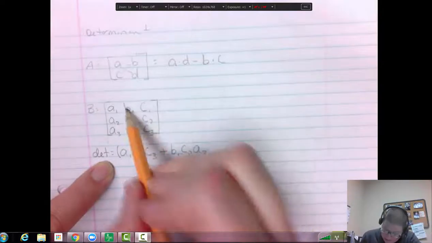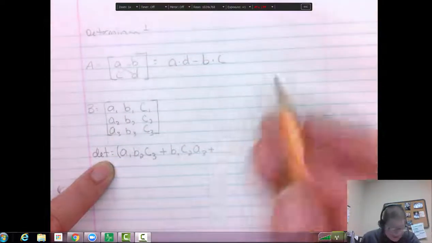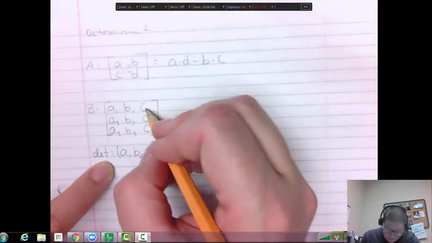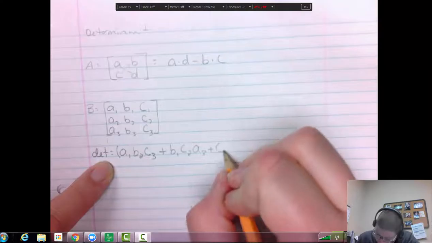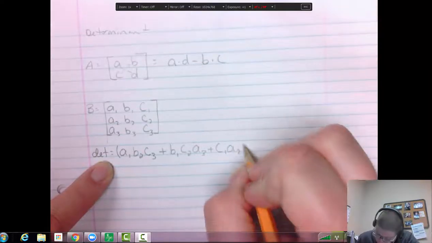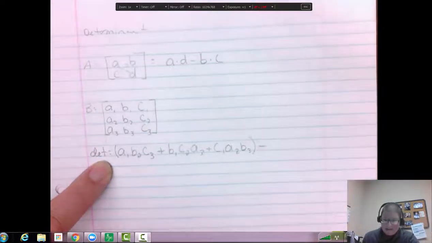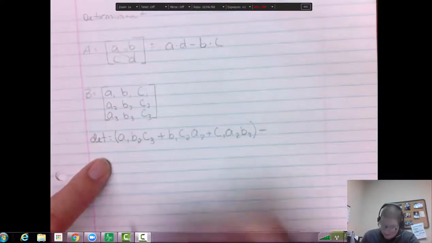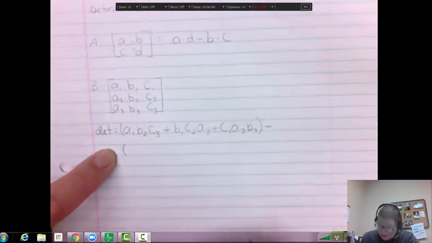and then add that to B1 C2 A3, plus the last one goes C1 A2 B3. That whole thing needs to be subtracted off by this whole thing, which I'm going to do in a second row because it won't really fit very well with the camera.